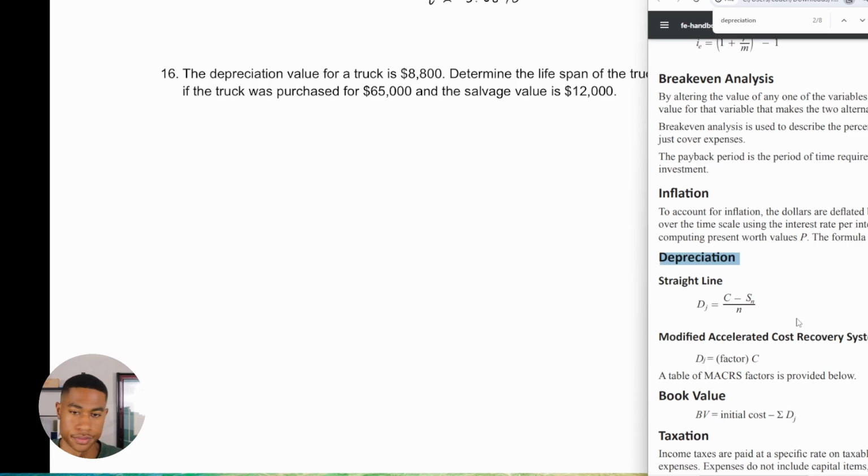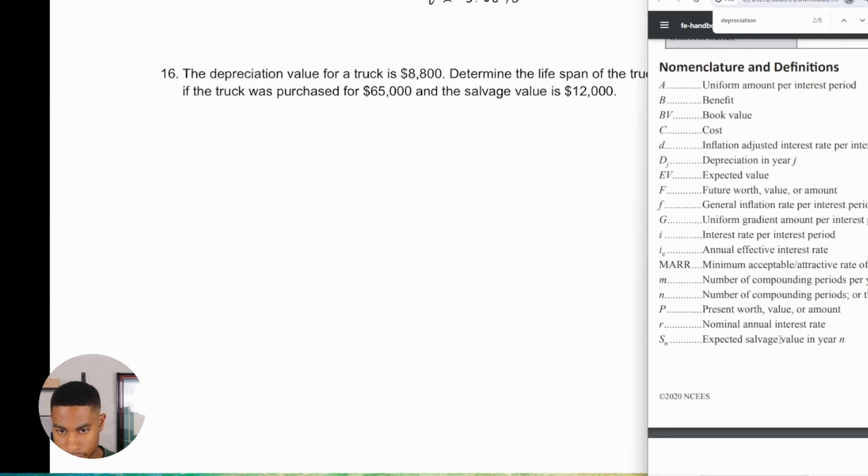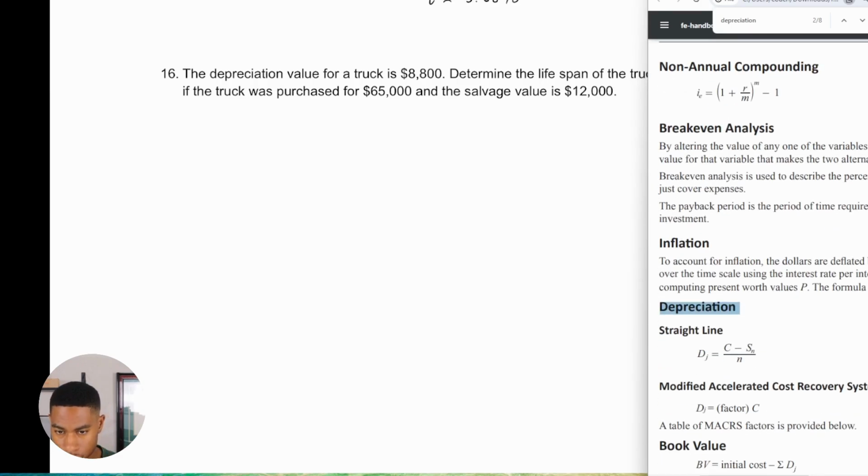All right. So for this, it says D_j is equal to C minus S_n, all over n. C is the cost, S_n is the salvage value, the expected salvage value, and n is the number of years. D_j is the depreciation cost. So we would say D_j is equal to C minus S_n all over n.